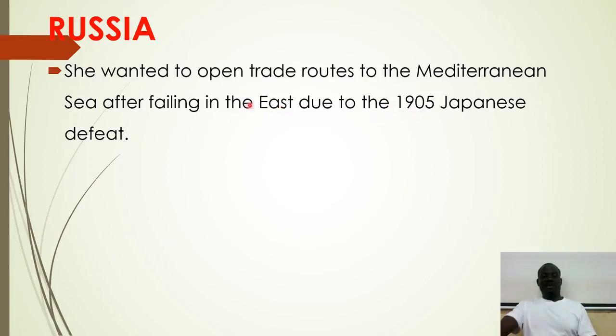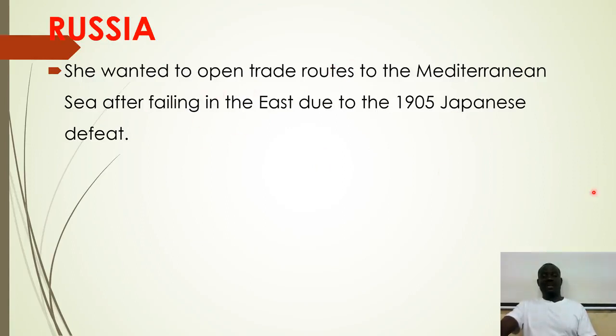Therefore, after failing to establish a route there, she wanted to establish a western route by having access to the Mediterranean Sea. So for Russia to have access to the Mediterranean Sea, she had to pass through the Balkans region. Therefore, she was interested in those affairs.